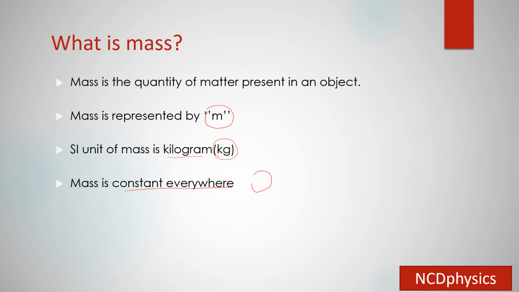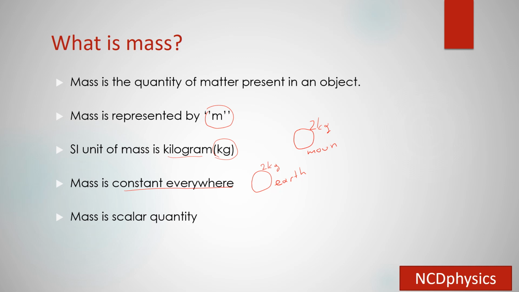So on the surface of the earth, if the mass of the object is 2 kilogram, and you take the object to the moon, the mass of the object is again 2 kilogram. Mass doesn't change. Mass is the same everywhere.